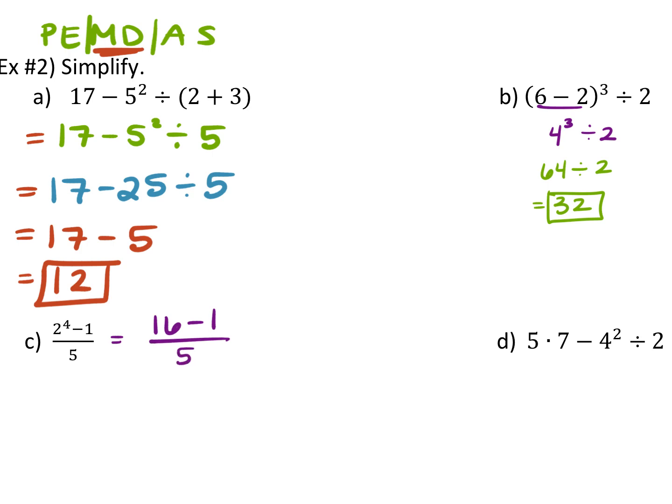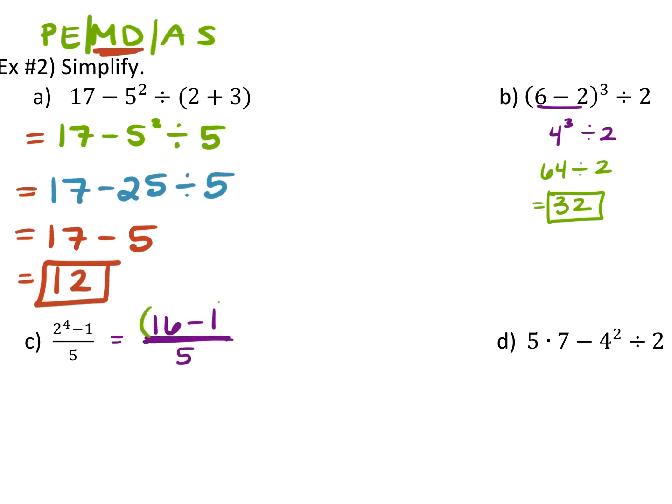Here's where the drama comes in. There is subtraction in this problem, and there is division in this problem. Which one typically comes first? Division, not when there's a division bar. If it was the division sign, yes, you would divide first, and then you would subtract. But we said the division bar acts like parentheses.